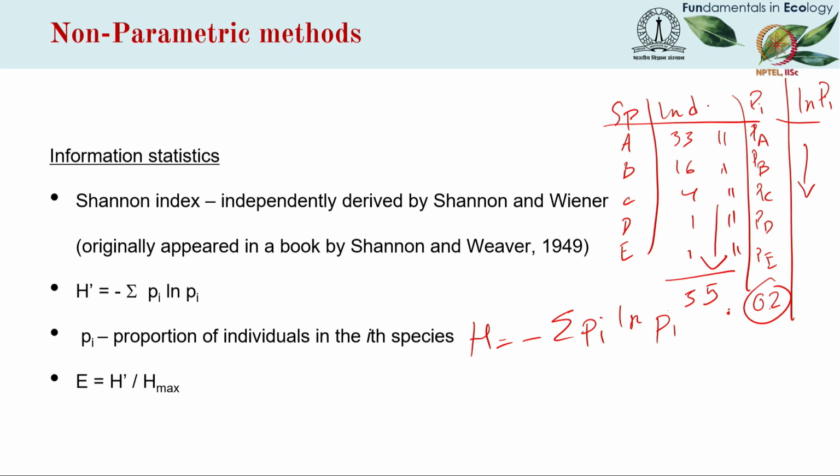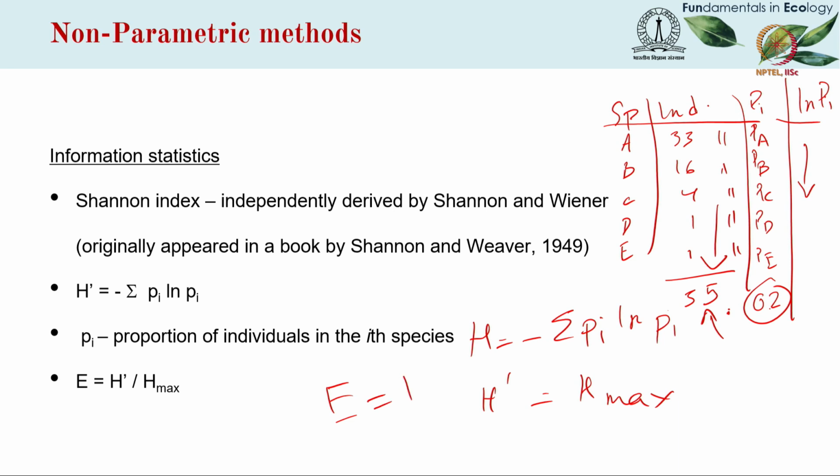So, the maximum value of the Shannon's index that I can get, given the number of species, 5 or 10 or whatever it is, is if all of those were completely evenly distributed, which means that H prime would be equal to H max, and therefore evenness would be equal to 1, right?